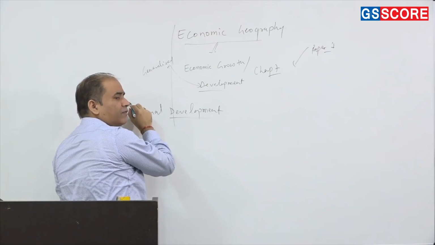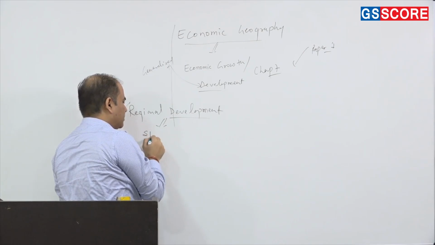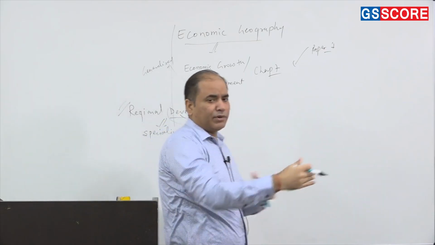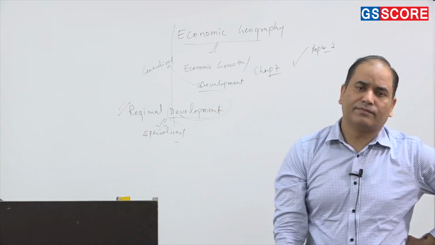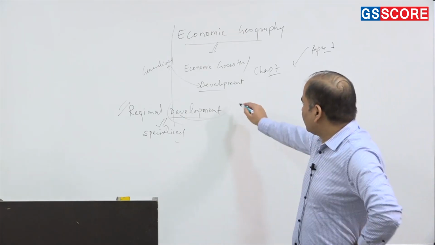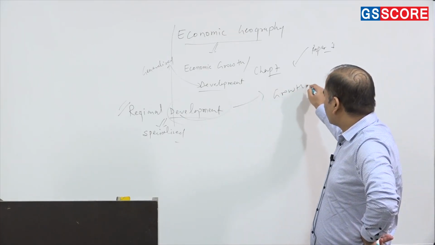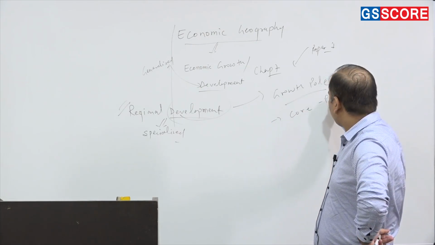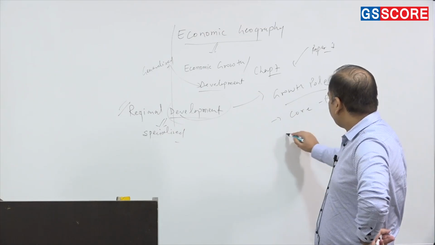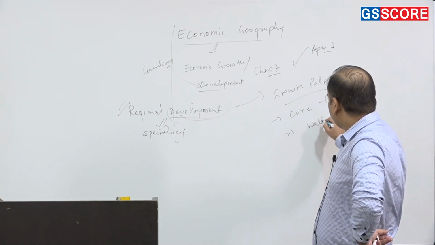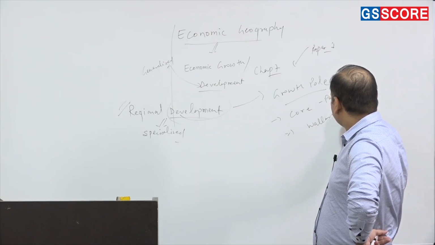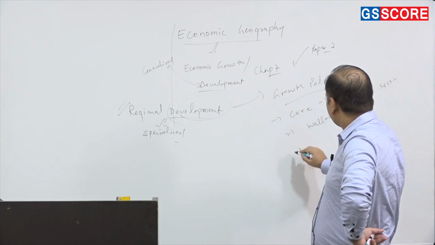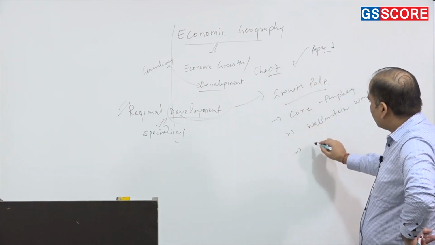But when you are looking at regional development, we are looking at a specialized development. But development will be the same, the element of development is going to be the same. So in the development, either you can look at the growth pole concept, or the core periphery model, or you can talk about Wallerstein's world system concept, or even you can talk about Rostow's model.